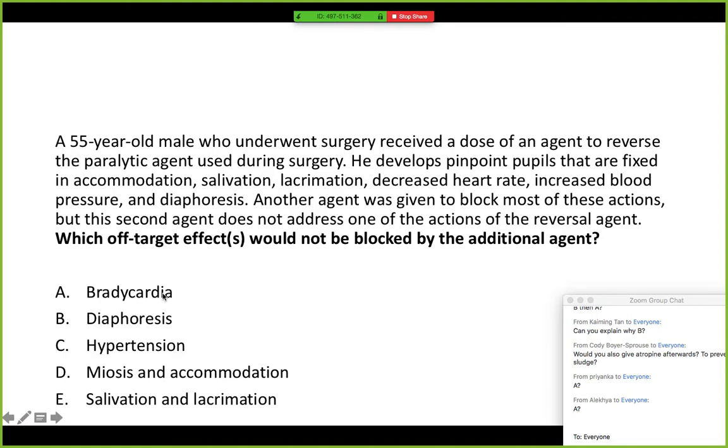And then when you give the anti-muscarinic to take care of the effects of your acetylcholinesterase inhibitor, which effect are you not blocking with the addition of the muscarinic antagonist? Right, good job. Hypertension. So, yeah, you should definitely see. She screamed at us. Yeah, so you're definitely going to see some variation of that question tomorrow.